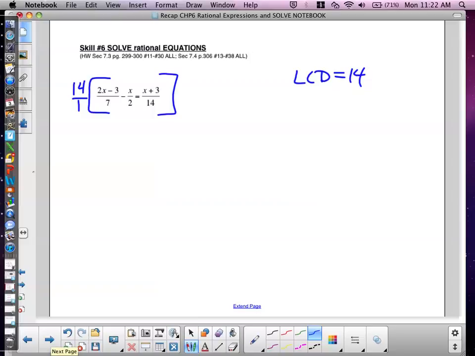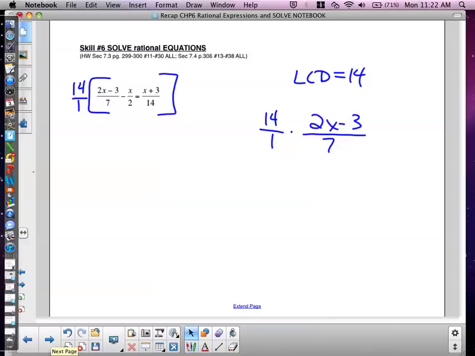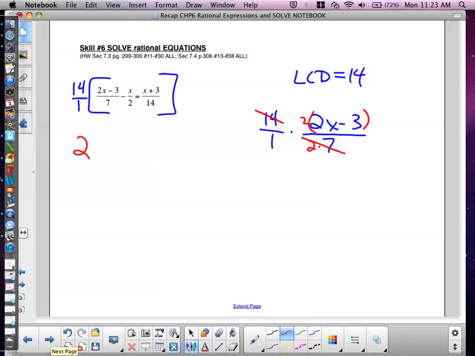I'll do it in scratch paper form. First I have 14 over 1 times 2x minus 3 over 7. 7 would have to be multiplied by 2 in order to get a denominator of 14. When I simplify that expression, what remains is the 2 and the original 2x minus 3. So that takes care of the first term.